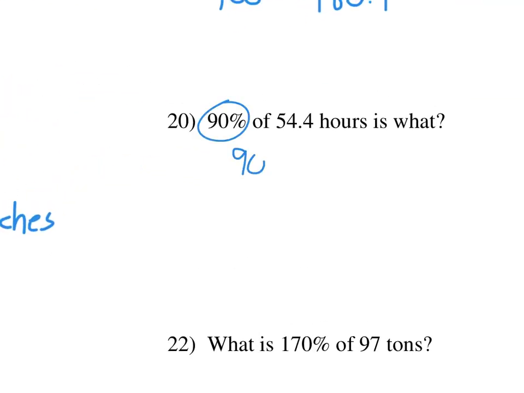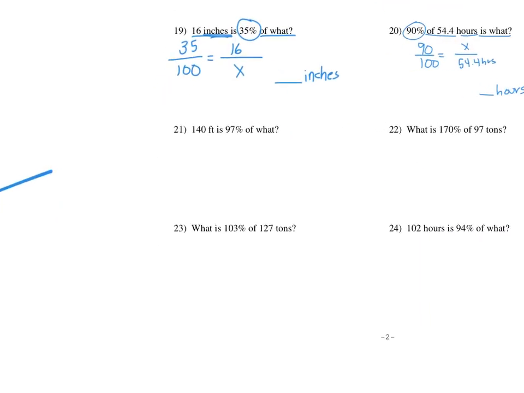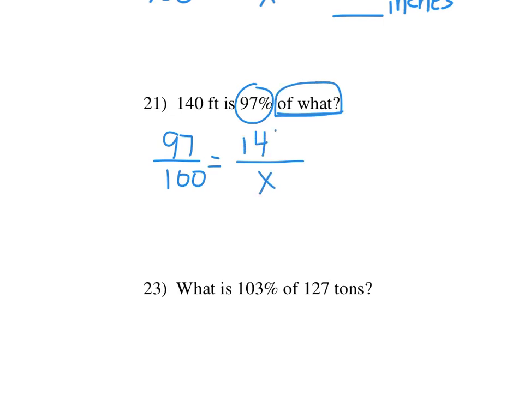90%. 90 over 100. Of goes on the bottom. Is what? We don't know, and this is hours. So the answer is going to be hours. Okay? All right. 97%. 97 over 100. Of what? Of what? That's an X because I don't know the of. 140 feet.